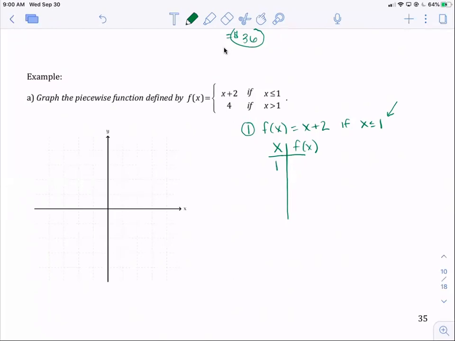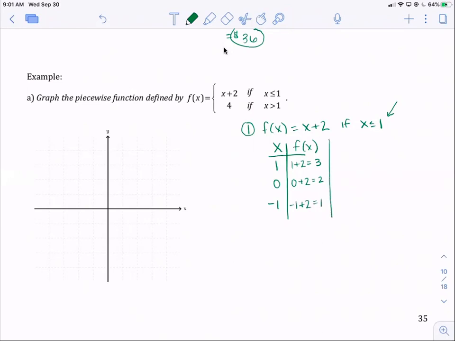So if x is less than or equal to 1, another number that's less than 1 would be 0. And then I'm also going to pick a third number, let's do -1. And now we're just plugging in. So we have 1 plus 2, which equals 3. 0 plus 2 is 2. And -1 plus 2 is 1.